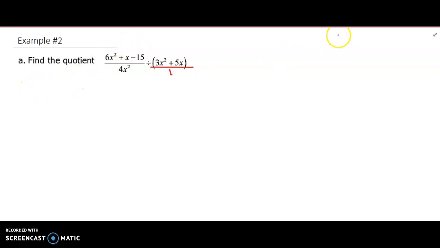So if I factor 6x squared plus x minus 15, I want two numbers that multiply to, what is 6 times 15? That'd be 90. Two numbers that multiply to negative 90 and add to 1.